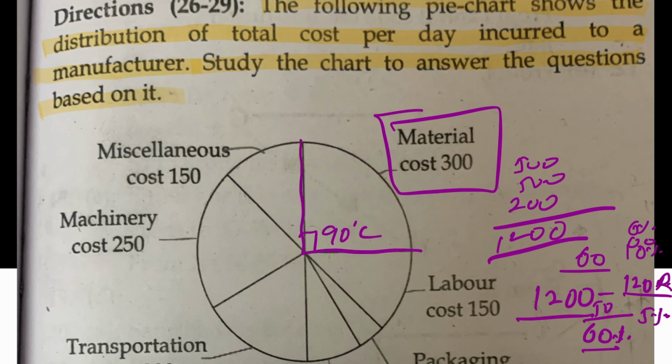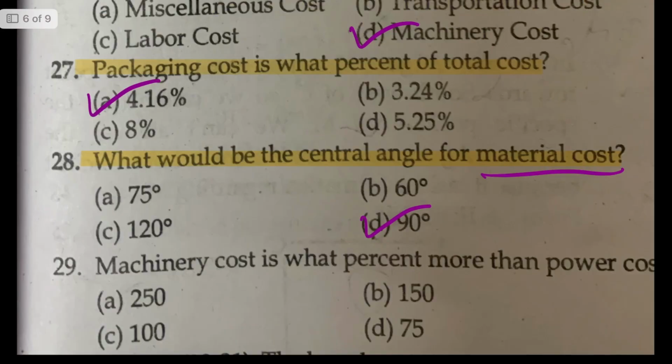It's a right angle triangle. For the right angle triangle, it will be a 90-degree angle. As you can see here also, there is a 90-degree angle. So there is remaining 180 degrees. So they have divided by 3 segments. Just divide by 3. You will get the answer here. Okay, this is one of the methods. But they have only asked about the material cost. So the answer will be a 90-degree angle. The answer will be D.